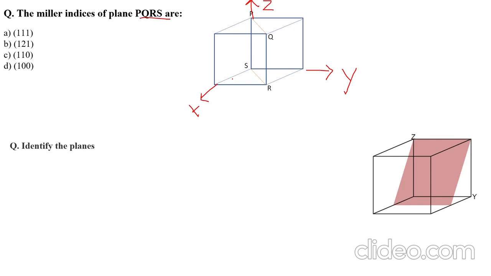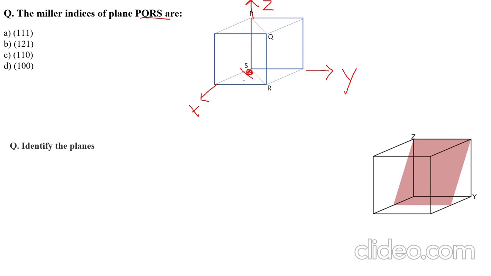Can anybody tell me what the answer is for this? The plane is parallel to the z-axis, right? And you have to choose an origin which does not contain the plane. So you cannot choose this as the origin. This is not the right origin.